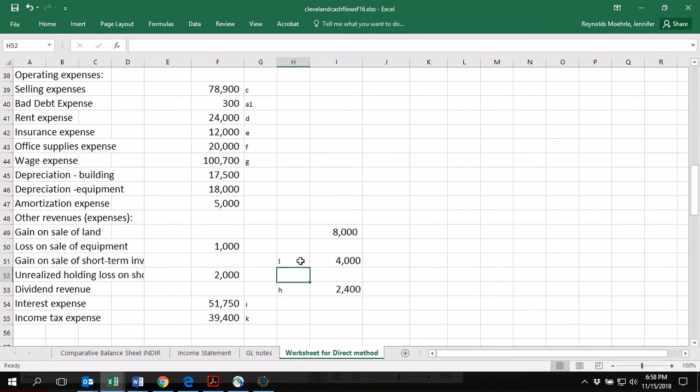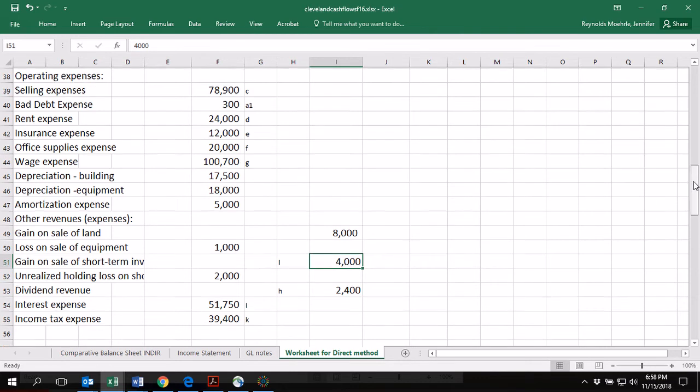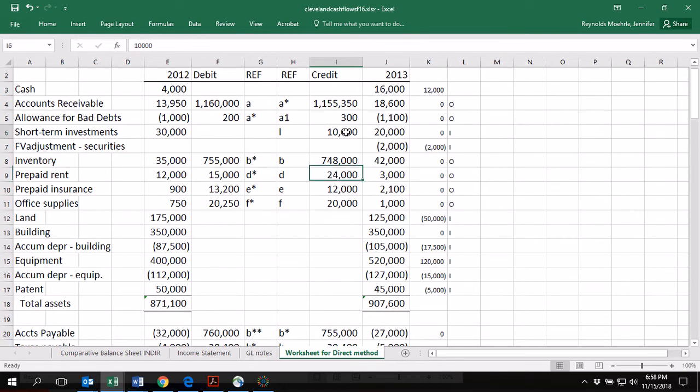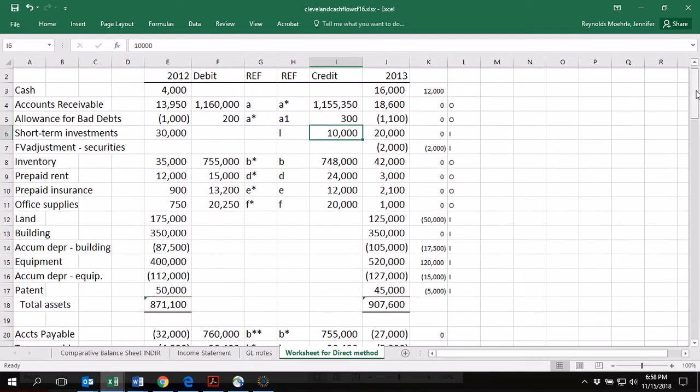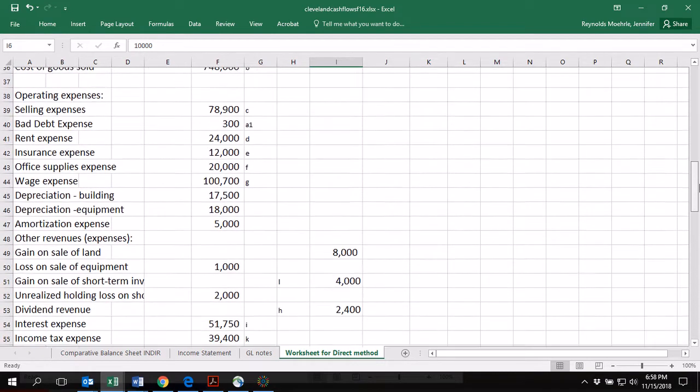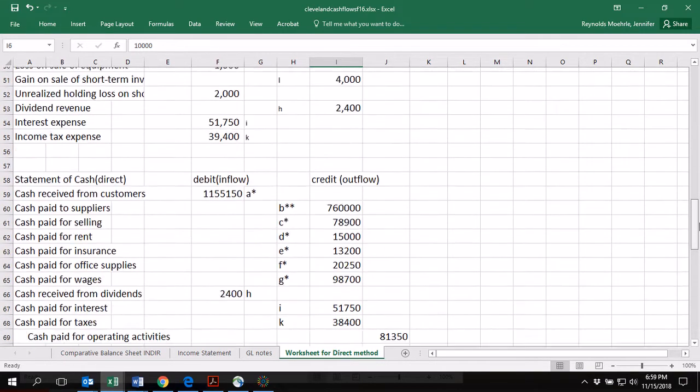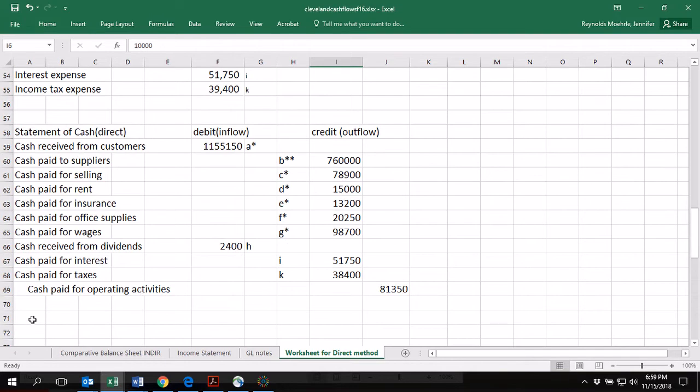So now I have a credit of $4,000. Up at the top, I had a credit of $10,000. This was all related to the sale of those short-term investments. So that's going to kick off my investing section. I'm going to call this proceeds from sale of short-term investment.